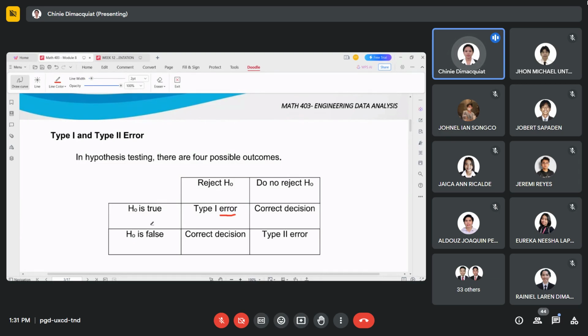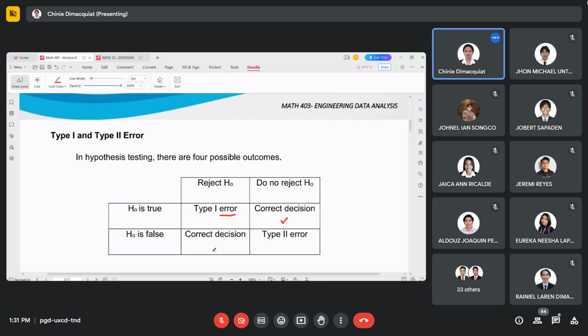And if tama yung ating null hypothesis at inaccept natin siya, or hindi natin siya nireject, so, correct decision yung ating ginawa. Tama yung ating null hypothesis and inaccept natin dahil tama nga siya.